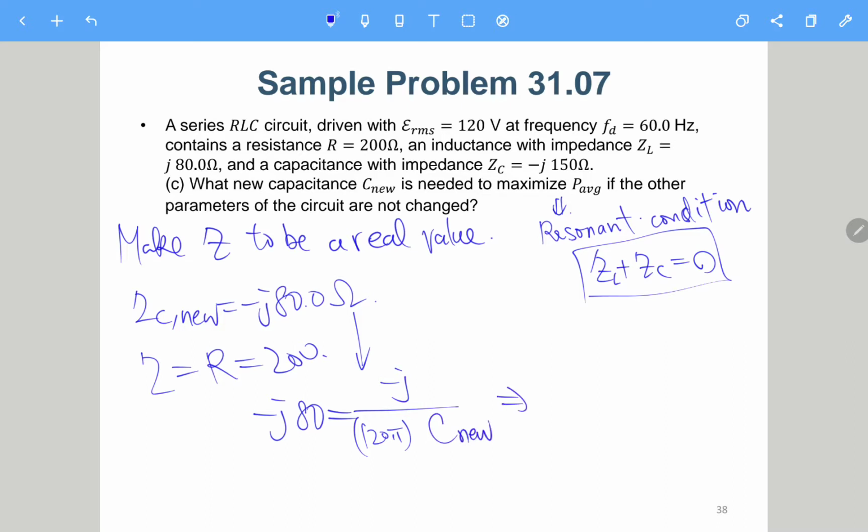Then we can calculate the C new to be 33.2 microfarad. Any questions?